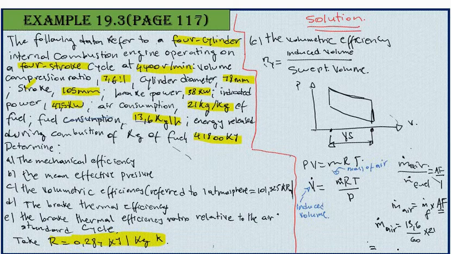So then the air fuel ratio is, so we have 13.6 multiplied by 21 divided by 60.